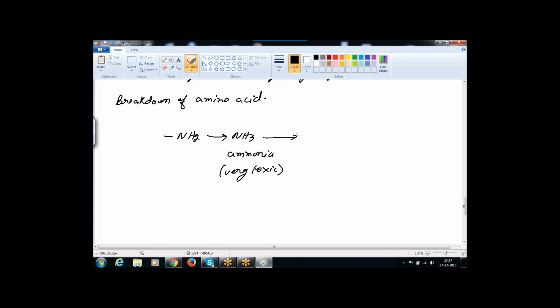So it should be immediately converted into urea somehow, which will be excreted in urine. So out of the whole amino acid, firstly we'll talk about how the amino group becomes ammonia and is converted into urea and urine. The rest of the acid part which is left behind we'll talk about later, because the management of the amino group in itself is a big cycle.